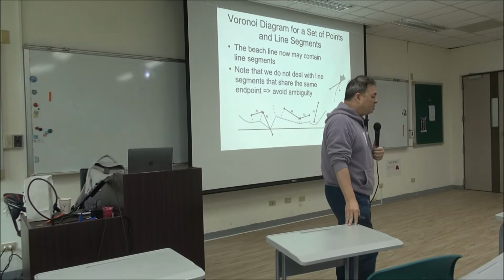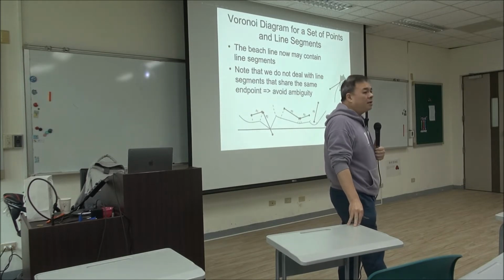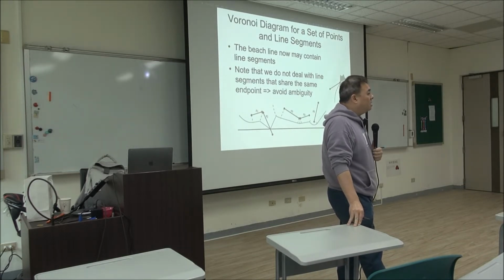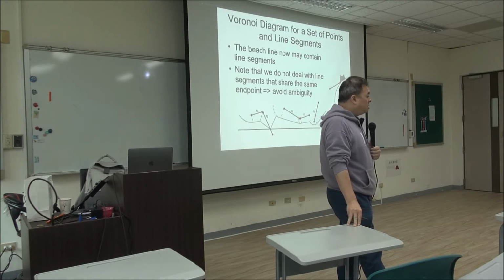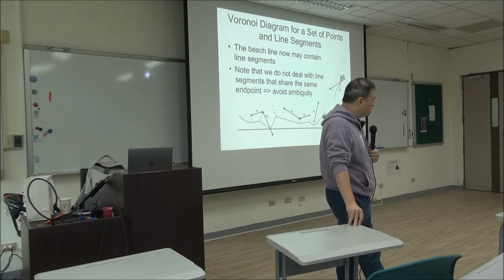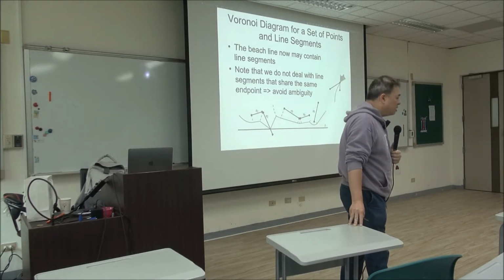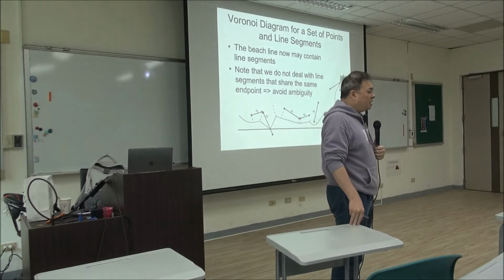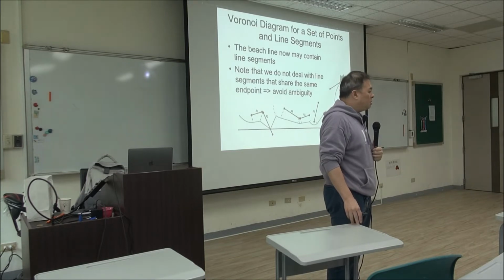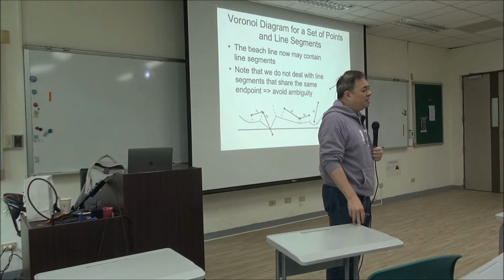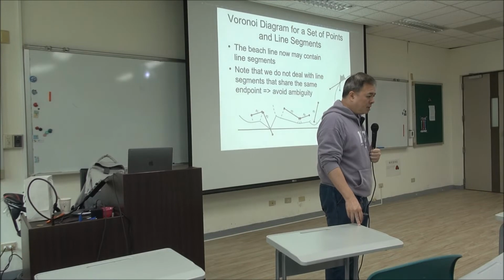Those sites are points, right? But now, in certain special cases, special applications to be exact, the site does not necessarily have to be a point. A site could be either a point or a segment.